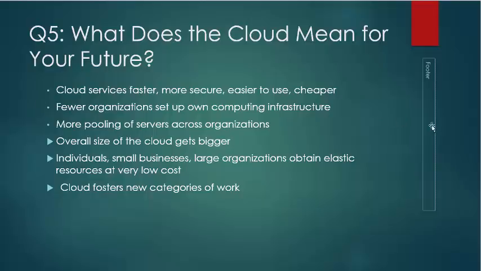That means they're going to be able to pool those servers from a bunch of different organizations. And so the cloud is going to get bigger and bigger. They're going to have to manage more and have more balancing amongst those different servers that they're using for each individual organization. But the nice thing is that, as you need more processing power, you can automatically get it.